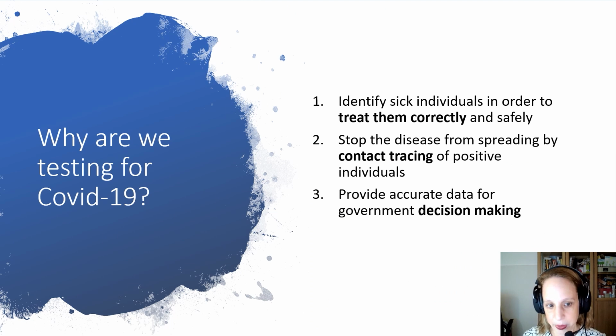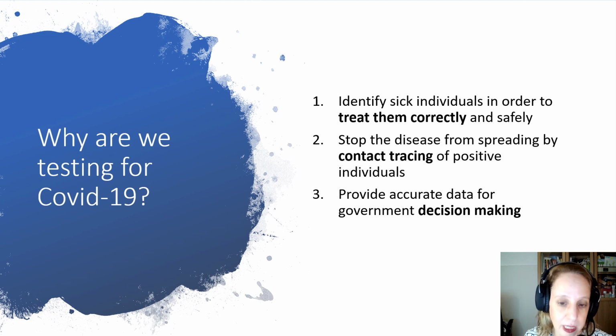So our answer to this question depends on our priorities, on what we would like to achieve by testing for COVID-19. So why are we testing for COVID-19? We are testing for COVID-19 because we would like to identify sick individuals in order to treat them correctly and safely. We also would like to stop the disease from spreading by contact tracing of positive individuals.